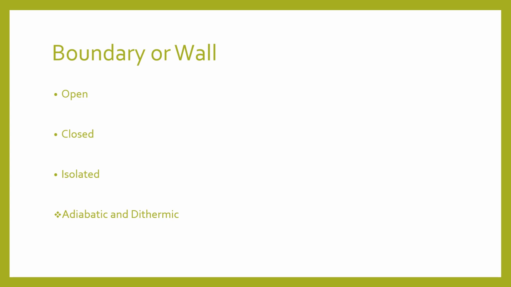So if you are working in a conical flask, the conical flask has got some boundaries. Correct? This wall is called the boundary, which separates your system from the surroundings.